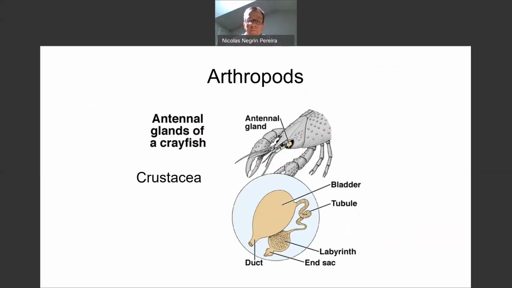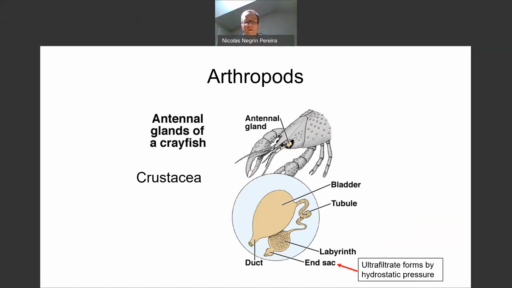In the case of arthropods, we have a different organization there, where they present an antennal gland, sometimes called the green gland in the case of a crayfish, and we will see this organ in the dissection of our crayfish. So the antennal glands actually produce an ultrafiltrate formed by hydrostatic pressure at the end sac.